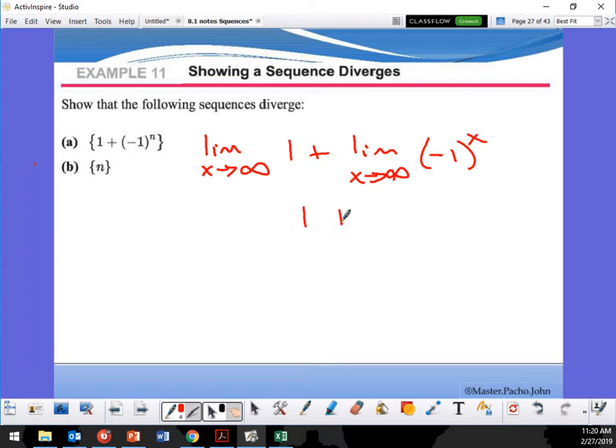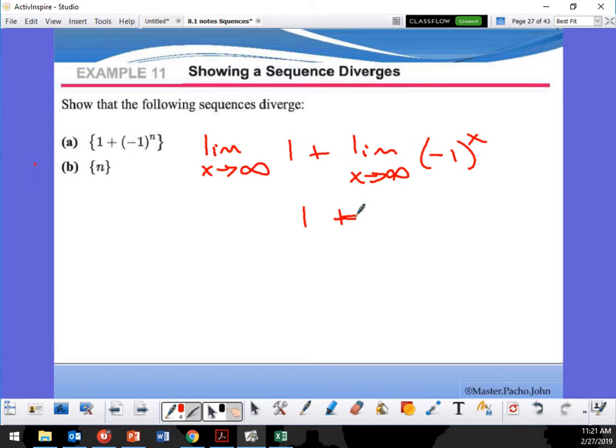But plus this piece over here. What's happening to this? Let me give an example. First power, negative 1. Second power, positive. Third power, negative 1. Fourth power, positive. Fifth power, negative. See the point?